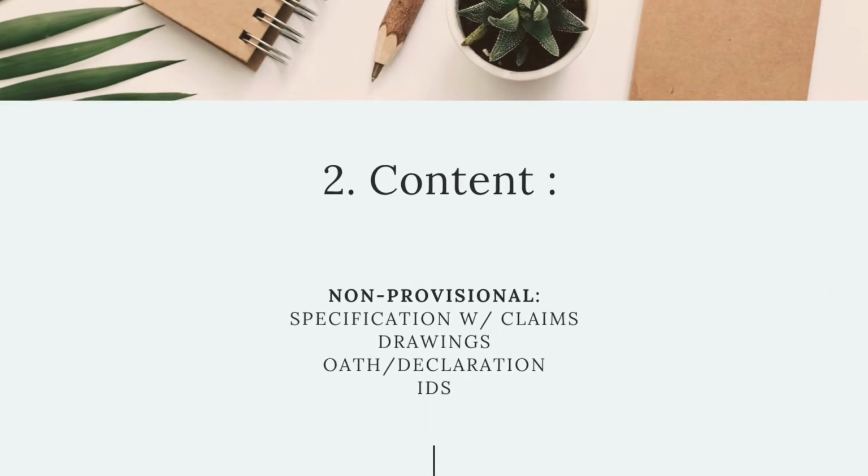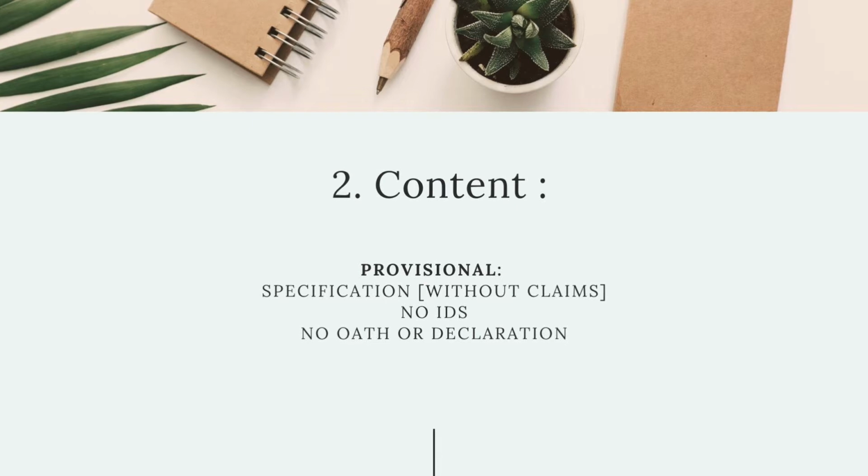This is the prior art that we had knowledge of. Again, for non-provisional, you must file the specification, including a set of claims, also drawings if you have drawings for your innovative concept, and an oath and declaration and an information disclosure statement, or an IDS.